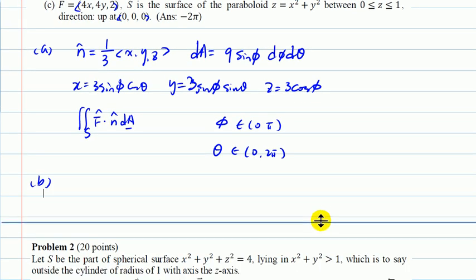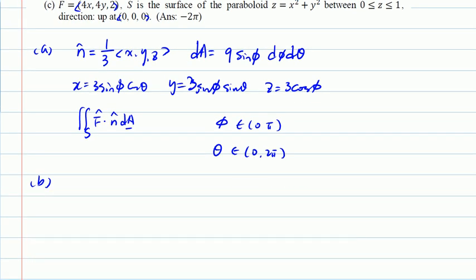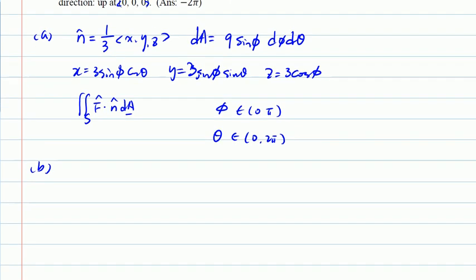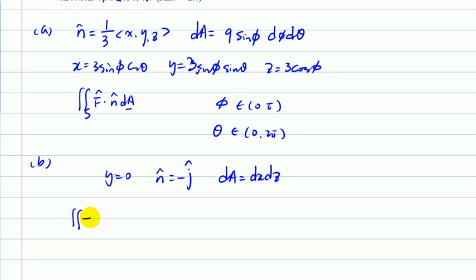To set up the surface integral properly, what you're going to have here is y equal to 0, n hat is negative j hat, and dA will be dx dz. So that's basically what you need to fill out the blanks.